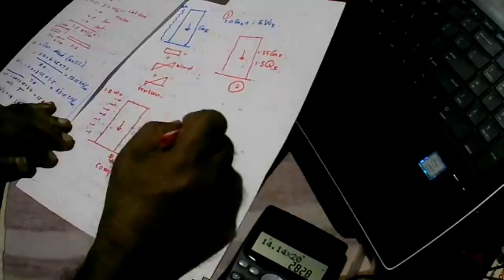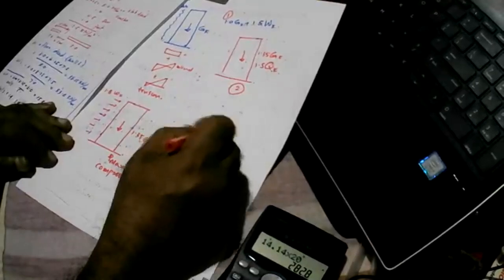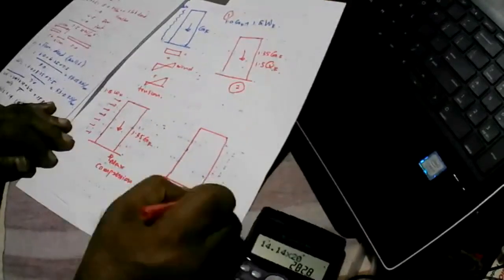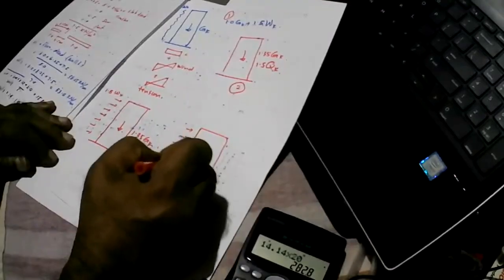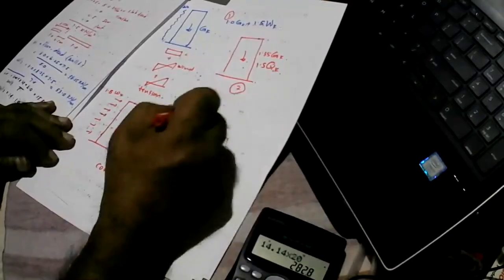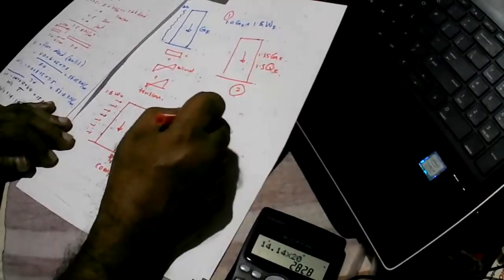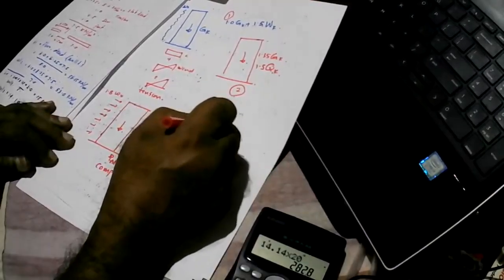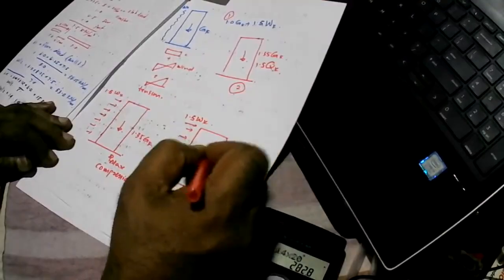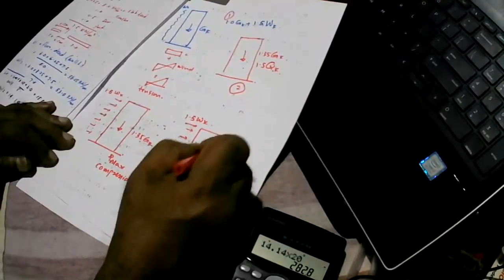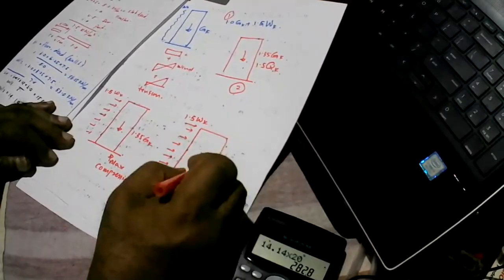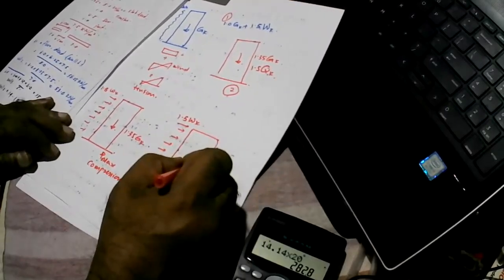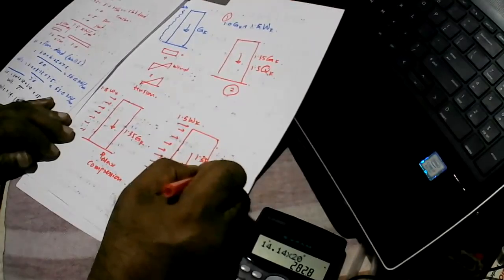But at the same time, we can have another case, and that is wind is maximum. So wind is the primary variable load. Dead load is 1.35 Gk, and then we like to have Qk.